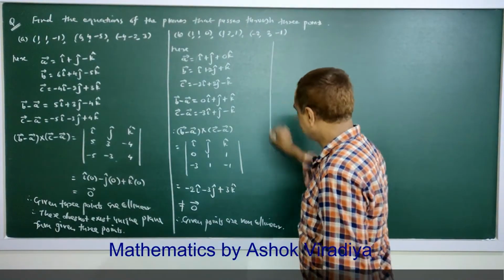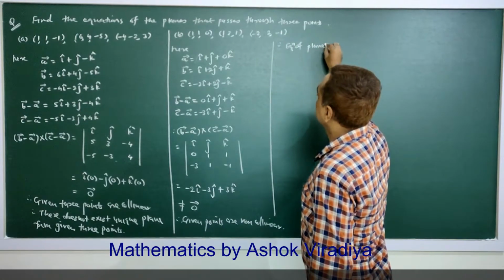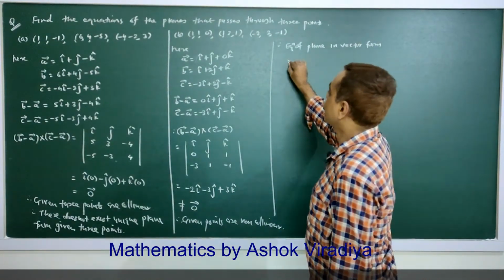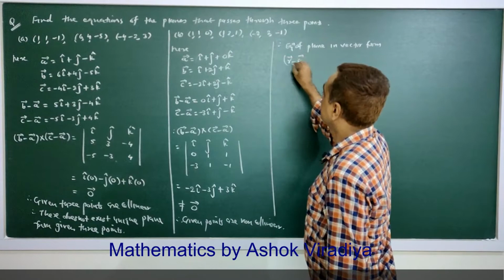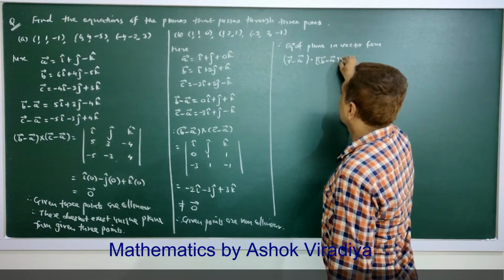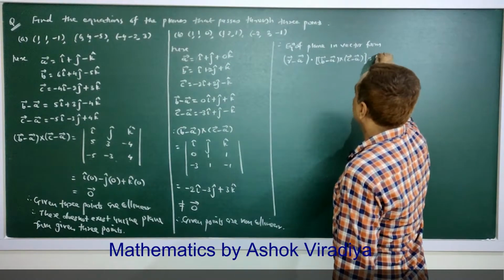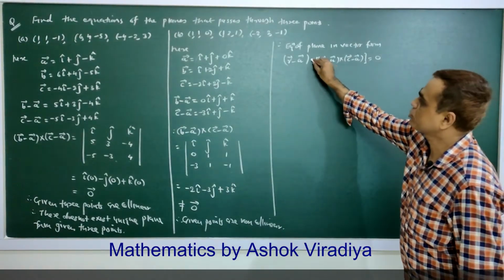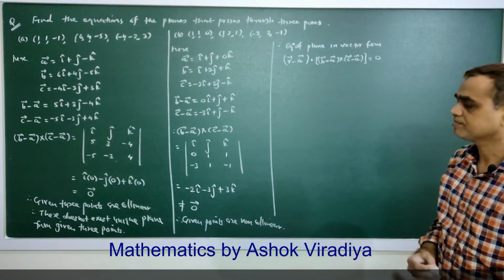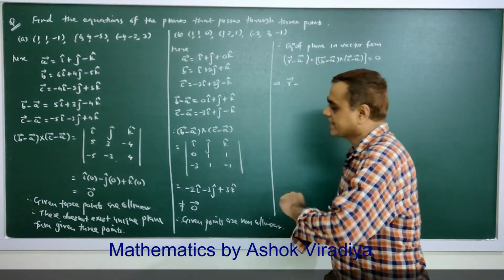So the equation of the plane, therefore, in vector form, the formula is (r minus a) dot (b minus a cross c minus a) equal to 0. See, this is a dot product. Dot product is a scalar, so here it is 0. So vector r minus vector a.